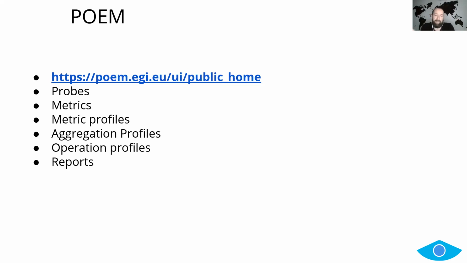We really tried to put as much information there as possible, because from our experience, the major issue with the users was that it was difficult for them to understand, when they get a critical, what does it mean? So that's why we have the public pages where you can go and see what this metric means.